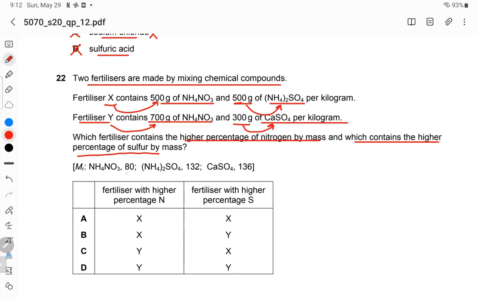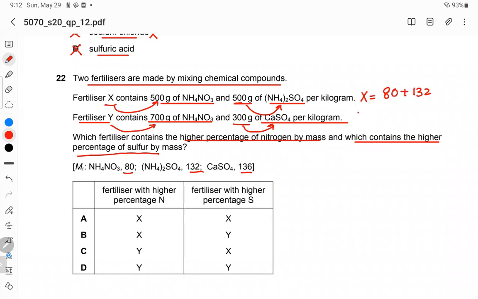Yes, so see here they have given you the masses of all the substances. If we look at fertilizer X, the sum of the MR of the compounds present in X will be 80 plus 132.